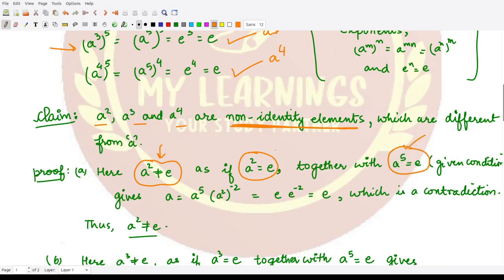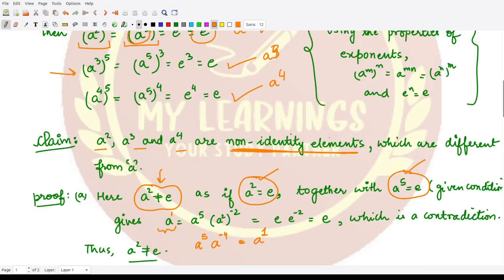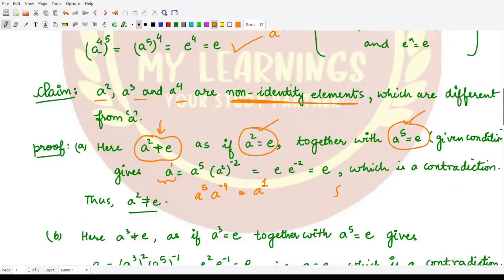So if we combine these two conditions, you can write a raised to power 1 as a raised to power 5, a square raised to power minus 2. So it becomes a raised to power 5, a raised to power minus 4, which is a raised to power plus 1, right? Now here we are using the identity a raised to power m into a raised to power n is a raised to power m plus n, correct?